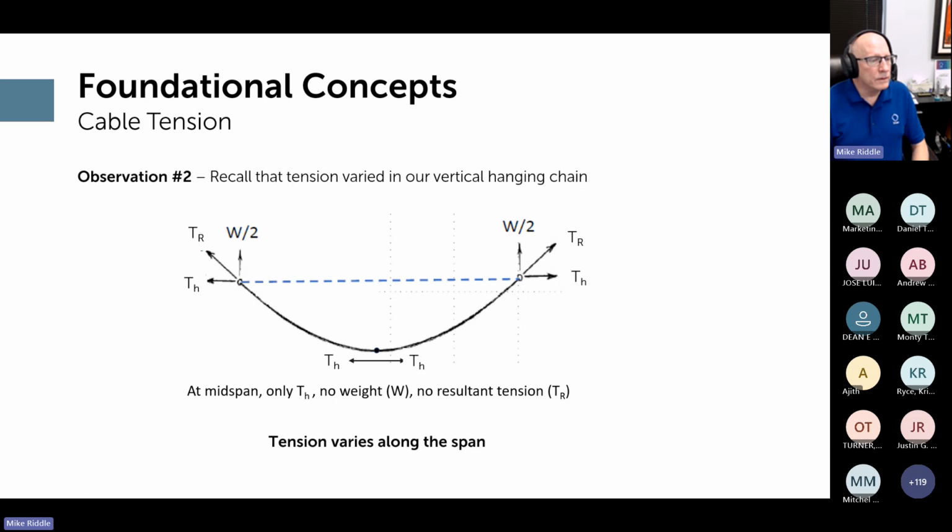So that's going to lead to the second observation, which is at midspan, there's only the horizontal tension. There's no weight from the previous observation, and there's no resultant tension there either because there's no weight there. There's only the horizontal tension. But at the attachment points, you do have the horizontal tension, the weight, which in turn leads to this resultant tension.